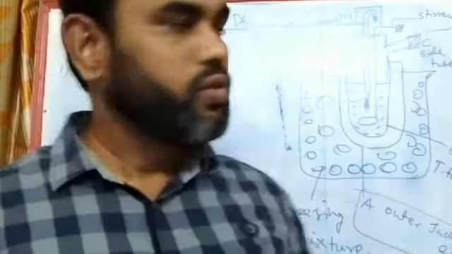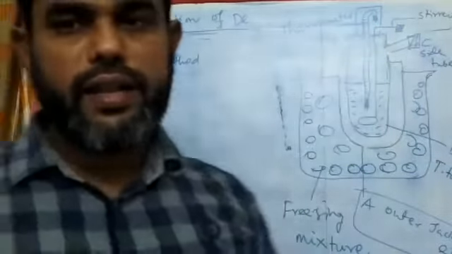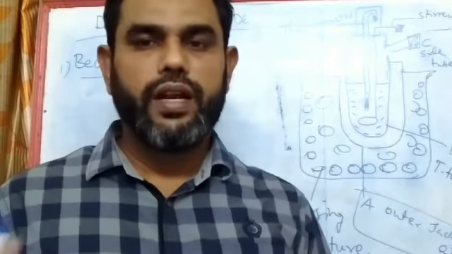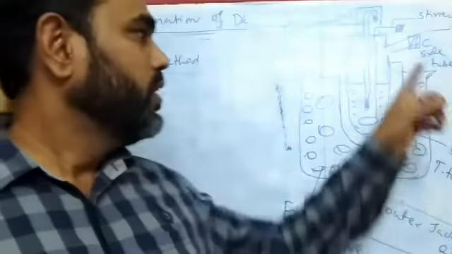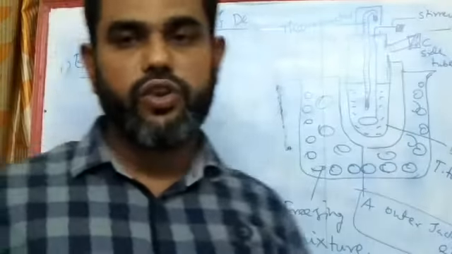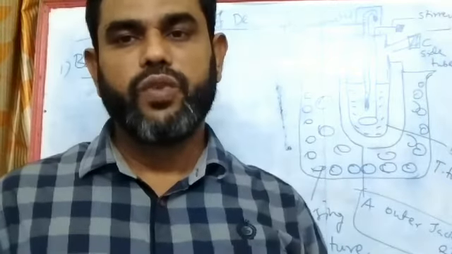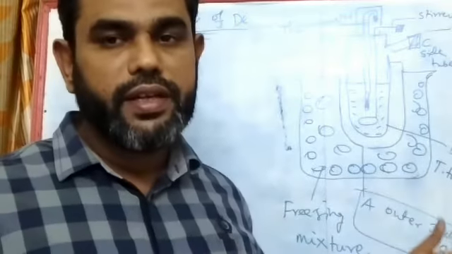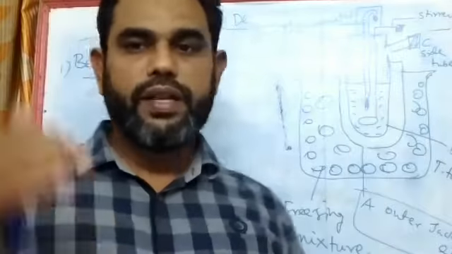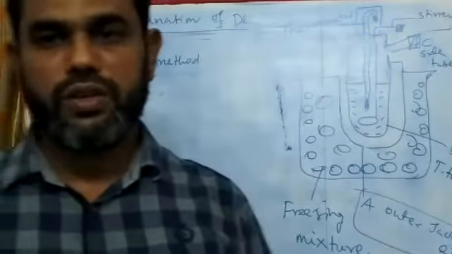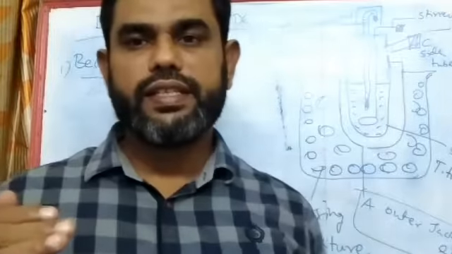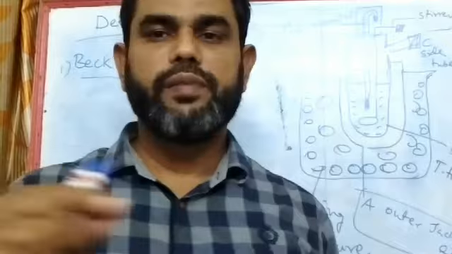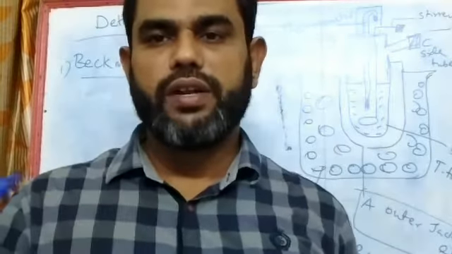So stage 2, through the side tube, add a little quantity of solute for which you are going to determine the depression of freezing point. The solution is stirred well and heated to a liquid state. Then keep it in the freezing mixture. Temperature will slowly go down and reach a lowest value, then slightly rise and remain constant at a particular value.